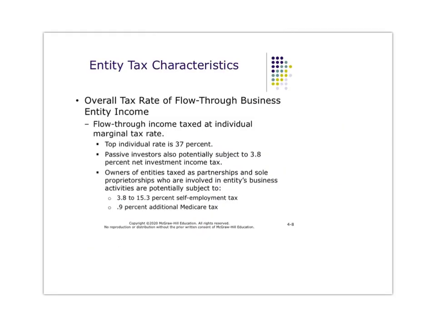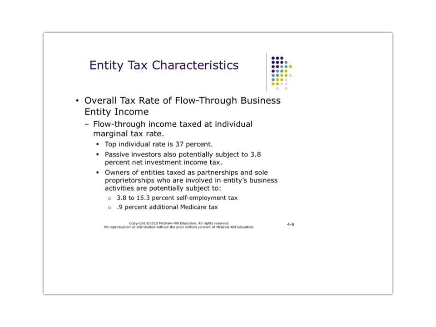All right, we've got some things to talk about with this slide. Here we've got some really good, important information about flow-through entities. It's important that we pause here a minute and talk about self-employment taxes.